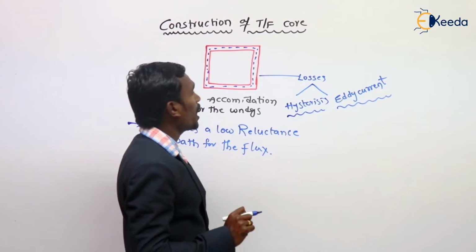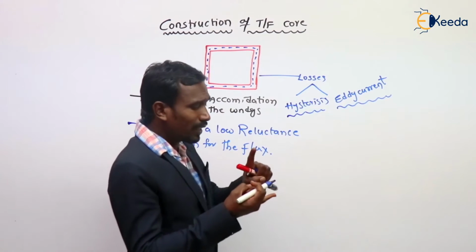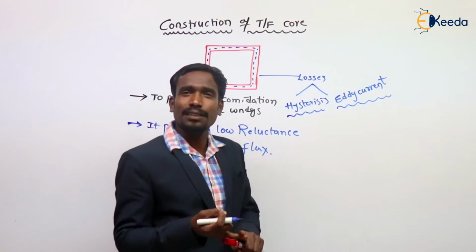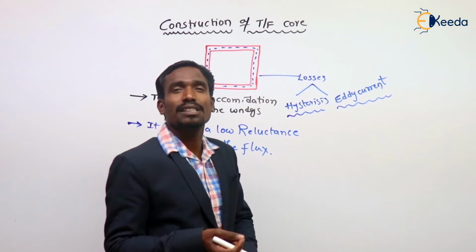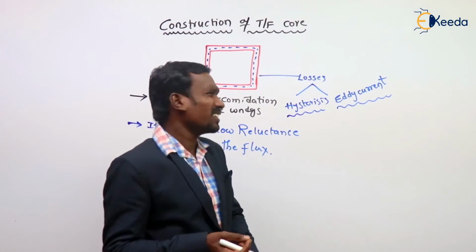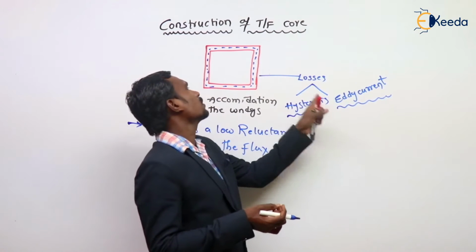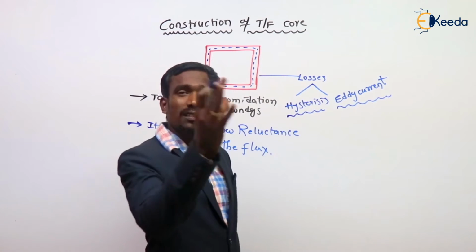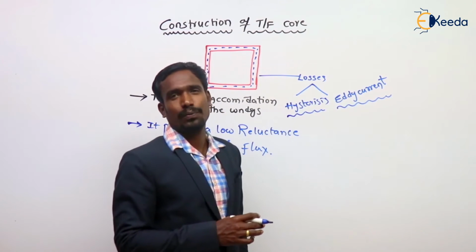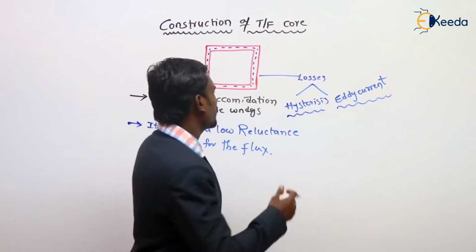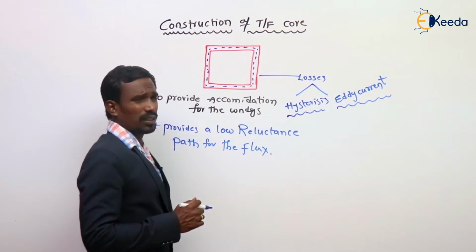So now we have to discuss what hysteresis and eddy current losses are and how we can reduce them. That is the process to construct the transformer core.